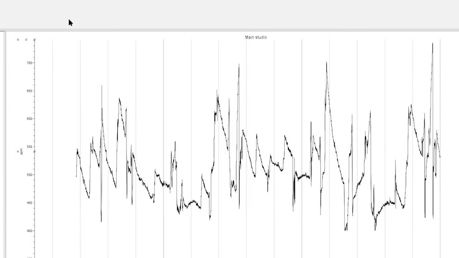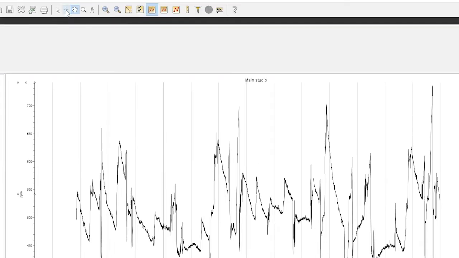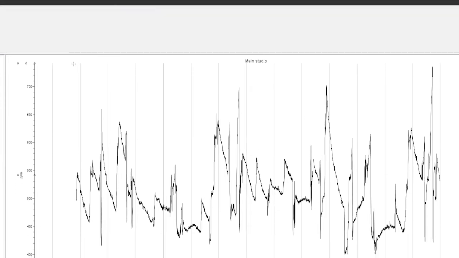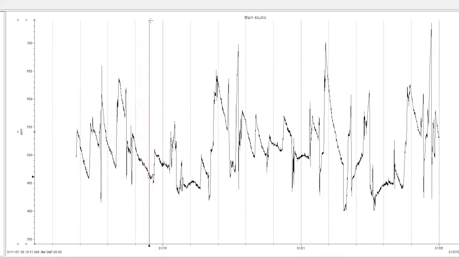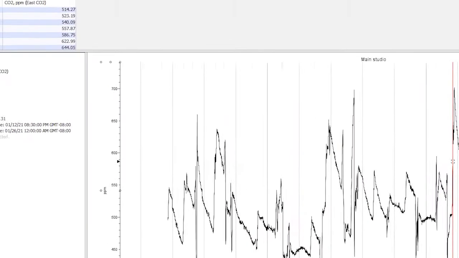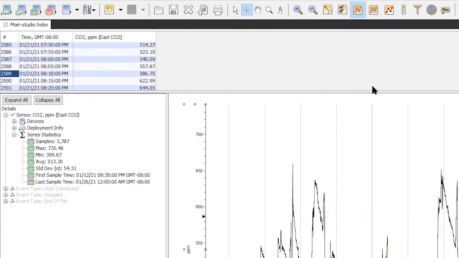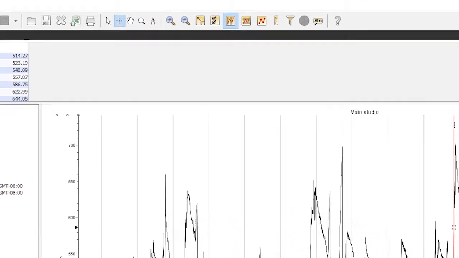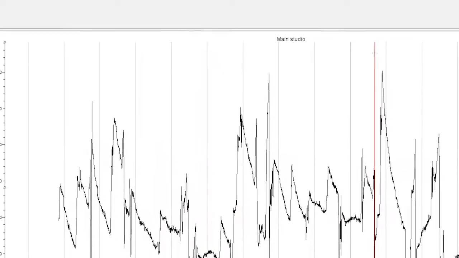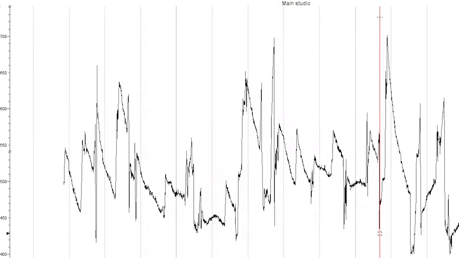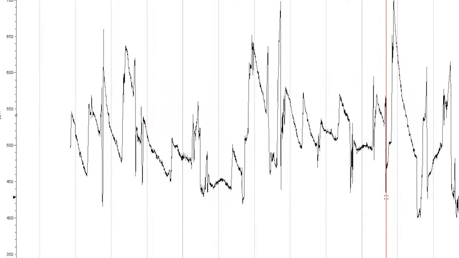So we can take our crosshair tool up here and use it to create this red line, which will scroll through. You can scroll across the graph and it will scroll through the raw data up here in the upper left corner. So I'm going to look at this peak over here and I'm seeing that around 4 o'clock, we're down near 400, 428.